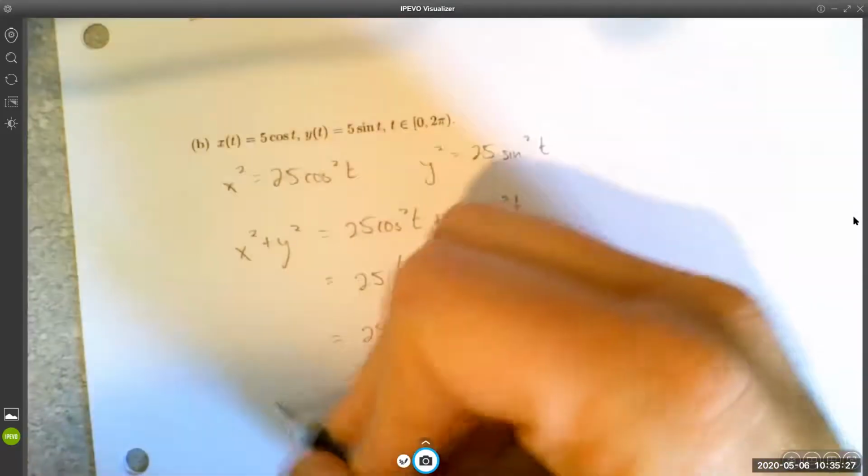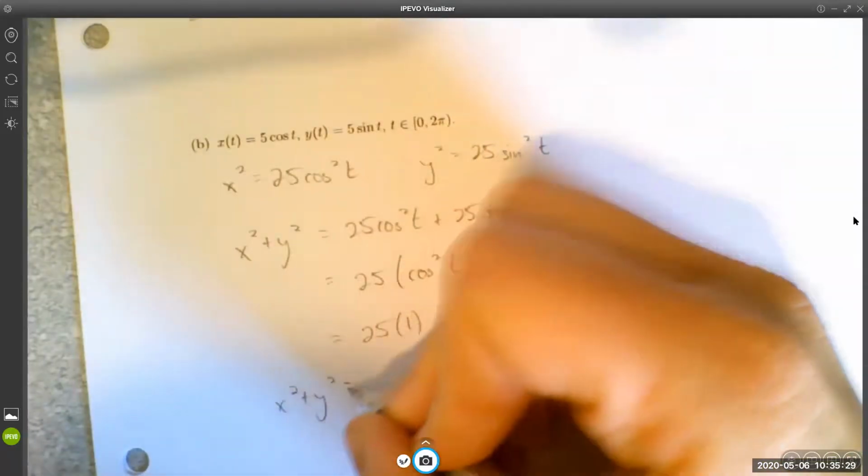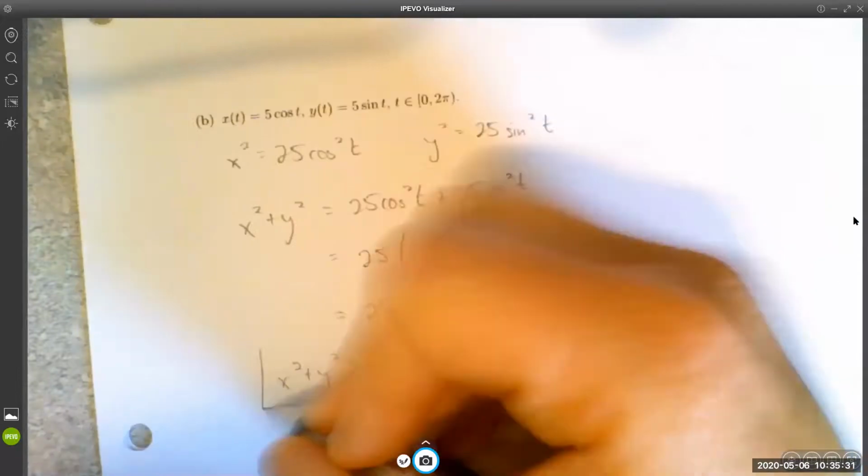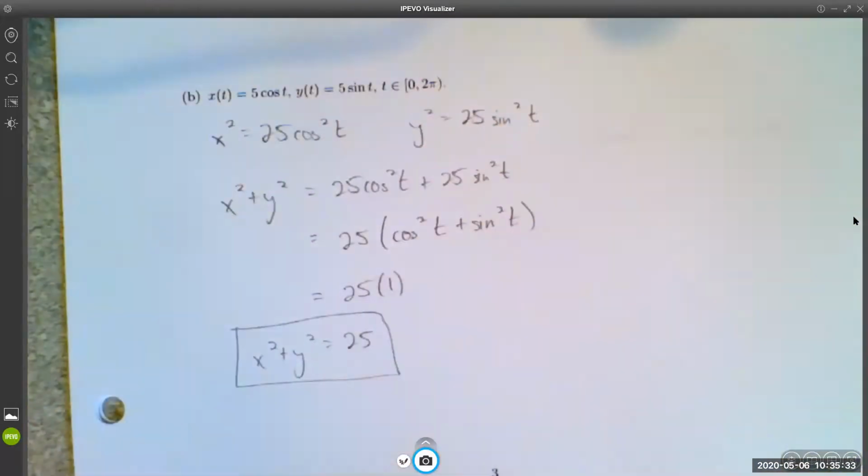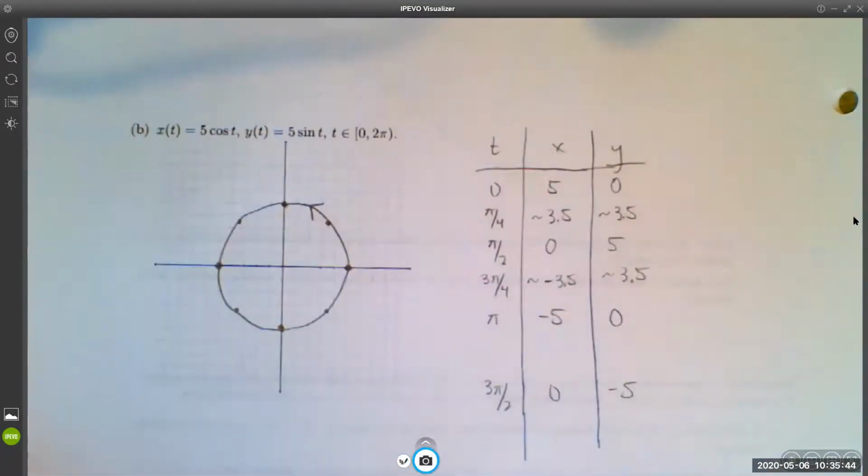So I get x squared plus y squared equals 25. That's my equation, and hopefully you can recognize that that is in fact a circle. It's a circle centered at 0, 0 with radius 5. And that's exactly what we drew on the previous page. Okay? So that's how those things go.